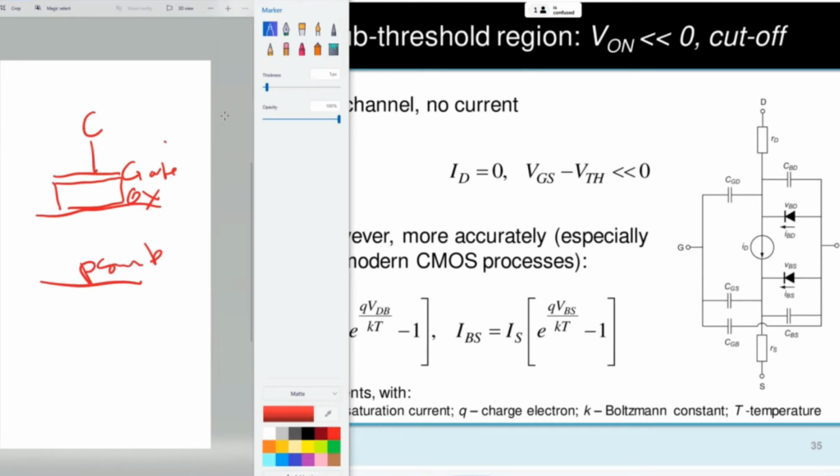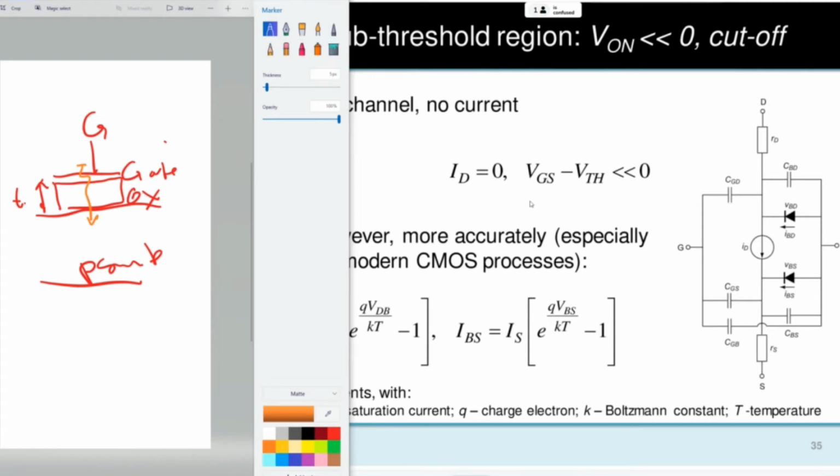If this thickness becomes very small, then what you also have, which is not captured in the slides unfortunately, is that some charges, some electrons, can tunnel into the substrate. This is a tunneling effect, which we discussed in semiconductor physics and materials.